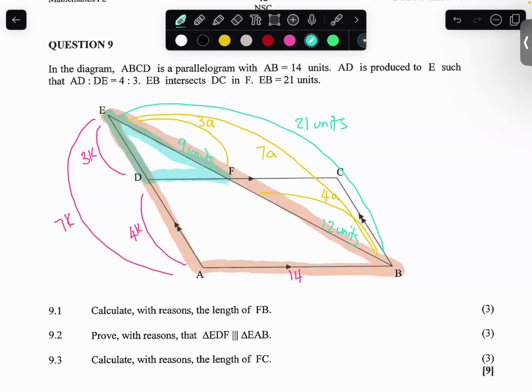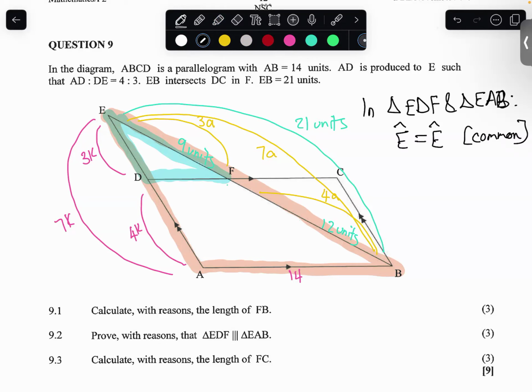Right, so to prove similarity, the first thing I'm going to do is in triangle EDF and triangle EAB, angle E is equal to angle E, common. So that angle is equal to that angle. It exists in both.